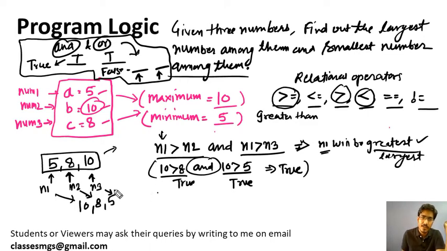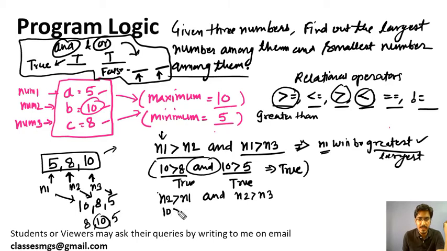Now let's suppose in what case n2 will become the maximum. Let's suppose the case is written like here: 10, 8 and 5. Now n2 is maximum. How will we handle this condition? If n2 is greater than n1 and n2 is greater than n3 also. Let's suppose here n2 is 10, and 10 is greater than 8 and 10 is greater than 5.